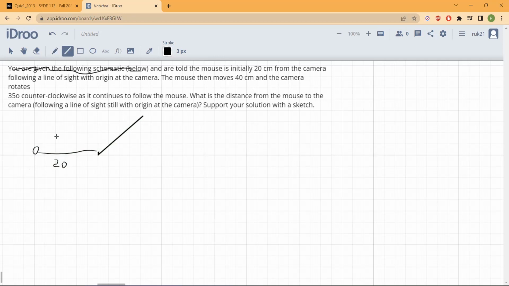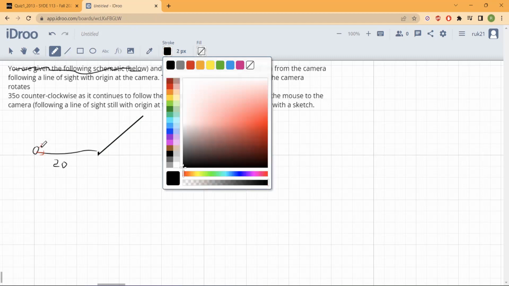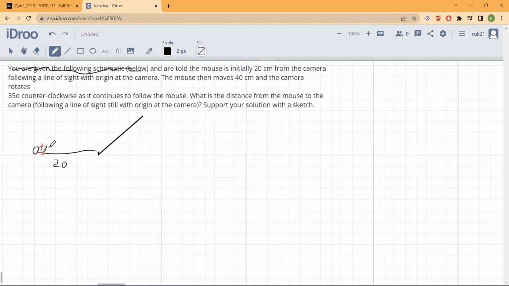It moves 40 centimeters. And the camera then rotates 35 degrees. So if initially the camera was staring right over here, the camera then rotates 35 degrees and starts staring over there. So that angle there would be 35. And then if we draw a line, what we see is we get a triangle, right?